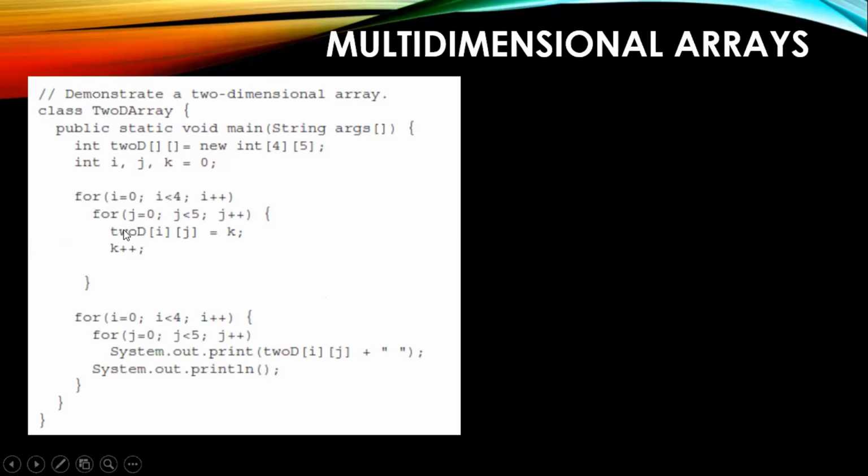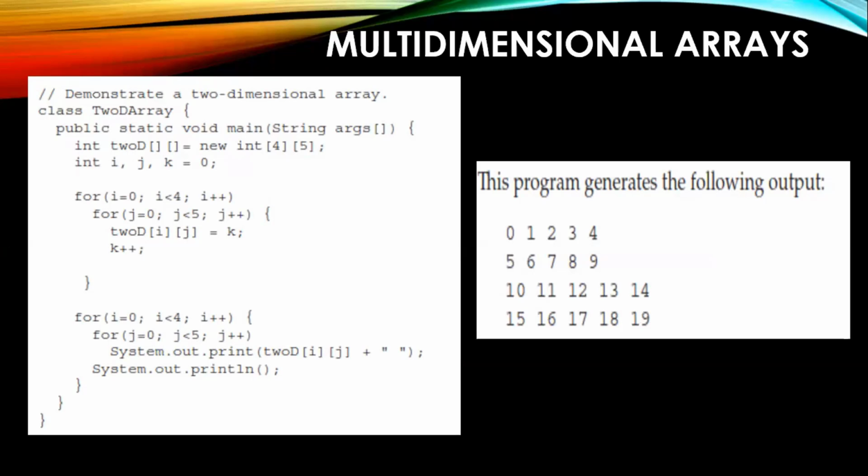So in this particular loop, you are putting values into the array, and by writing another loop, you are printing the content of your array. This particular loop can be replaced by using a for each also, right? So the output will look something like this.